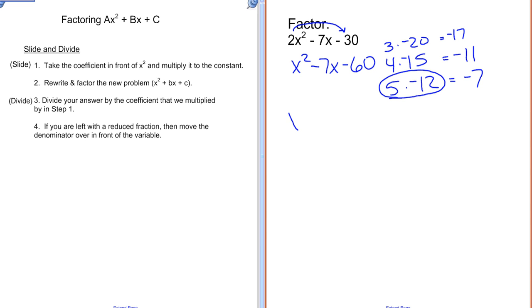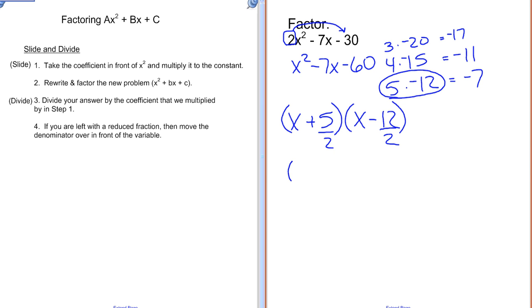So this gives me x plus 5 and x minus 12. So I factored my new problem. So that was step 2. Step 3 is we come back and divide. And so what did I multiply by? Well, I multiplied by 2, so now I've got to come back and divide by 2.